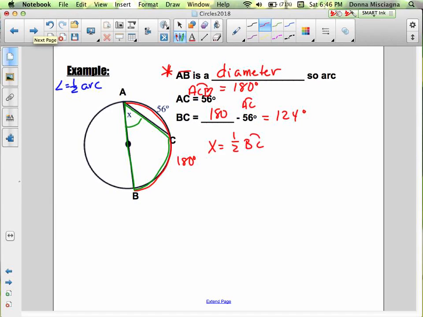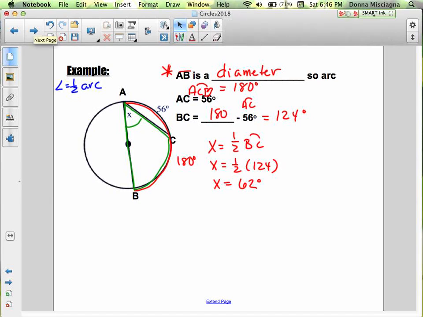Since arc BC is 124 degrees, that means x, or the measure of angle BAC, is 62 degrees. And there we go. That's the last one in your notes. And we can pause so that you can write that down.